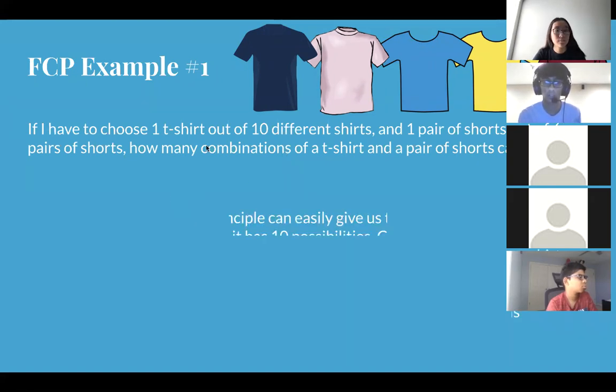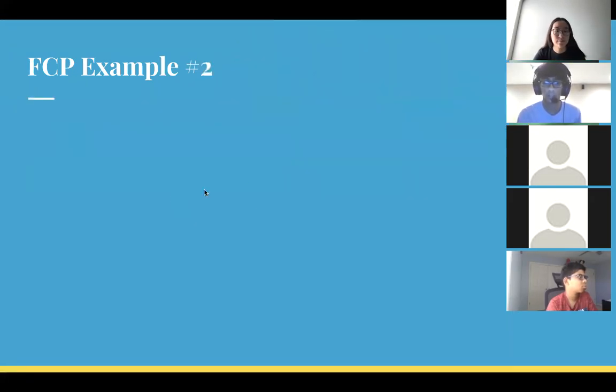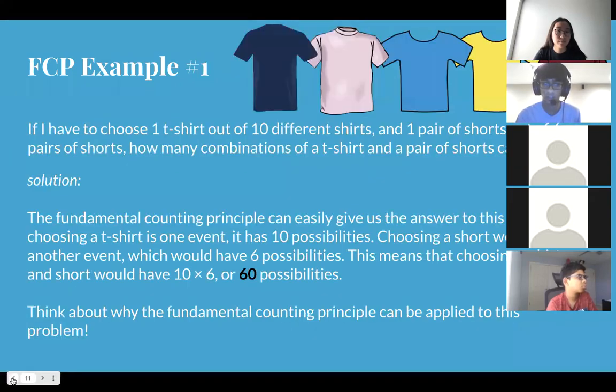So there's 10 different shirts, and then there's 6 different shorts. So it's going to be 10 times 6. There's 60 possible shirt and shorts combinations that you can have. So this one's almost like a direct application of the fundamental counting principle.